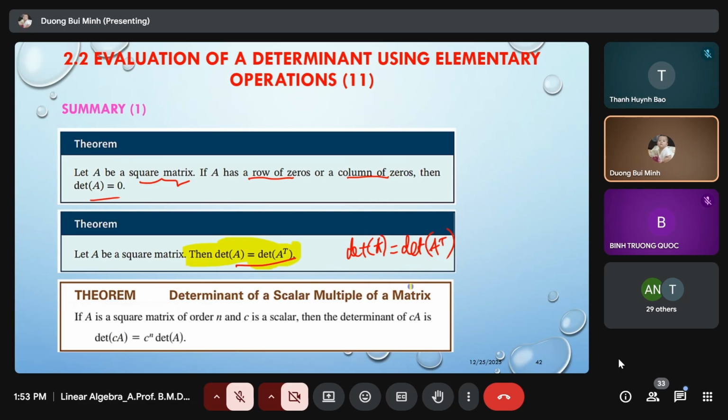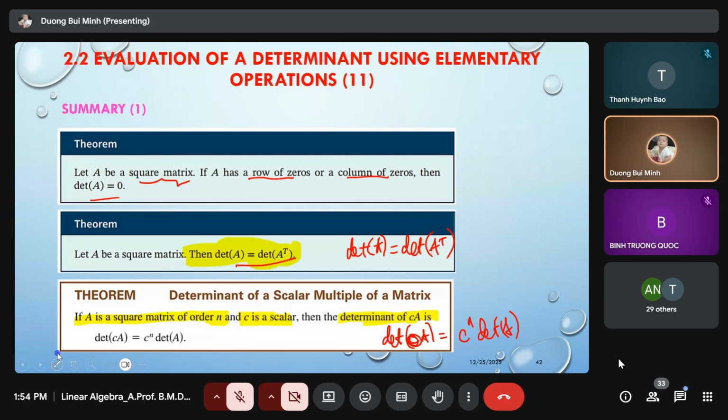If A is a square matrix of order n, and C is a scalar, then the determinant of C times matrix A is C to the power of n times the determinant of A. Here C is the common factor of the matrix.